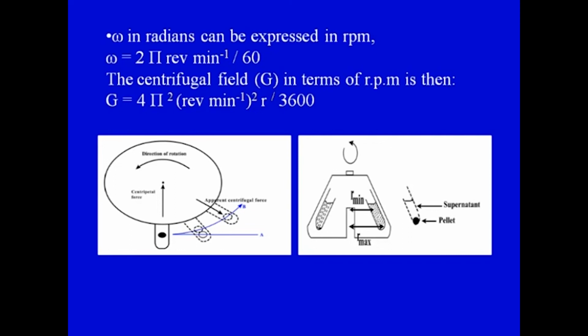Many times r average could be calculated or taken, as we will discuss later. These are the centrifugal effects when revolutions per minute are taken here, or you can take it in terms of angular velocity.